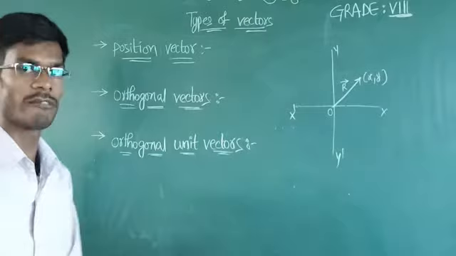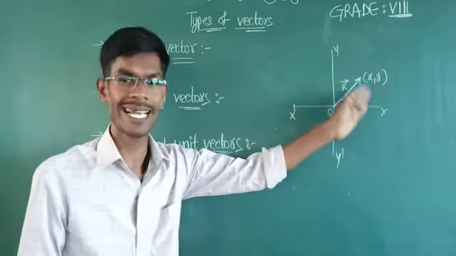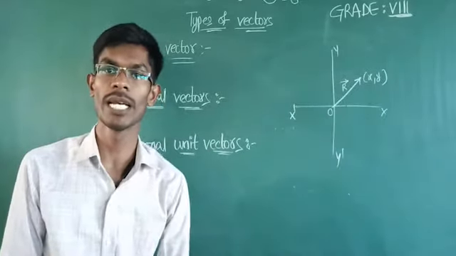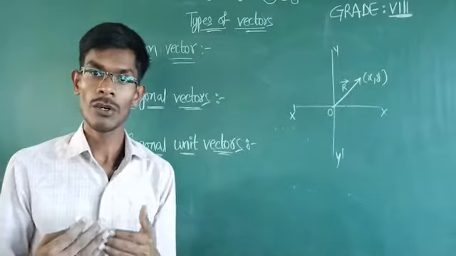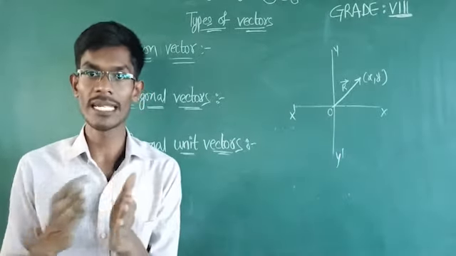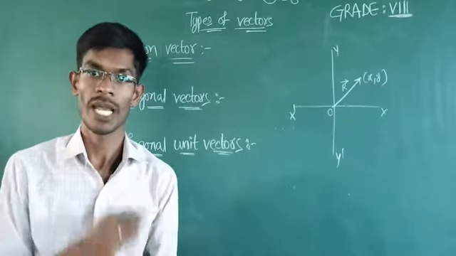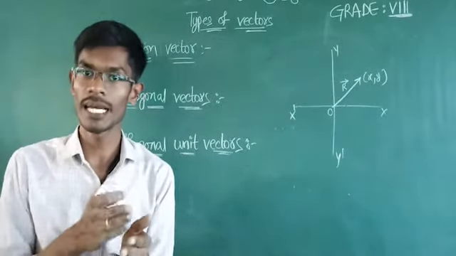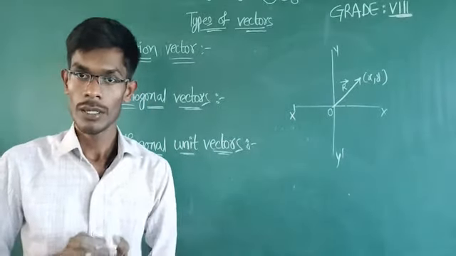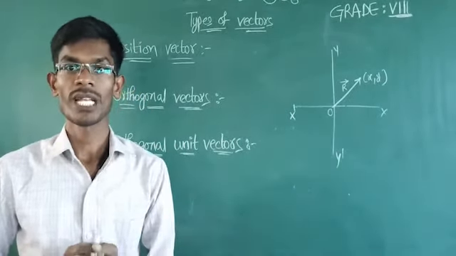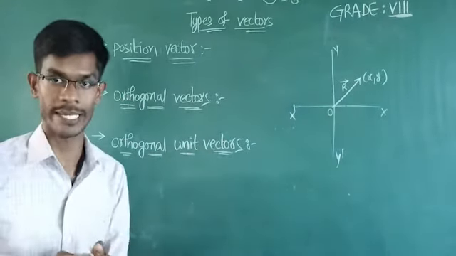So orthogonal unit vectors means, in the Cartesian coordinate system, the x axis, y axis and z axis are mutually perpendicular to each other. If we consider those axes as vectors x bar, y bar and z bar, along the x bar, along the y bar and along the z bar there are some unit vectors to specify the direction. Those vectors we will call orthogonal unit vectors.